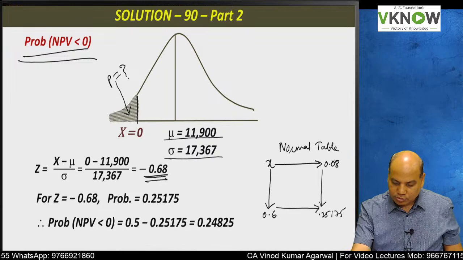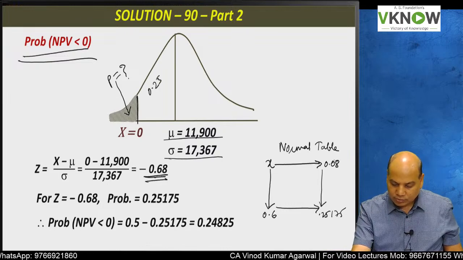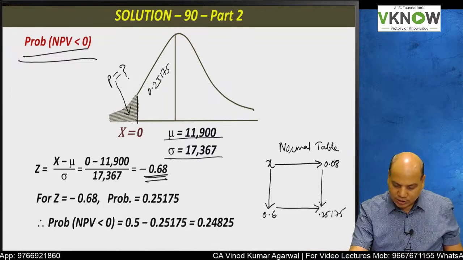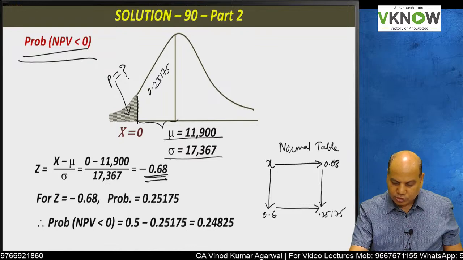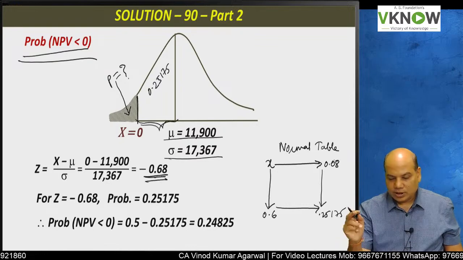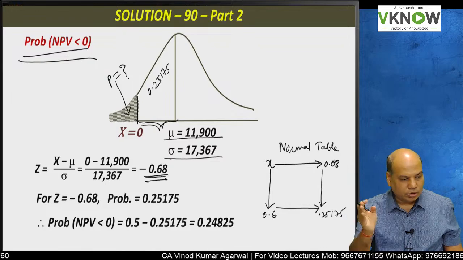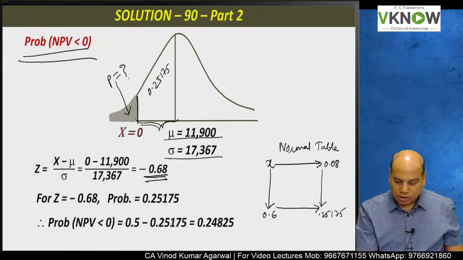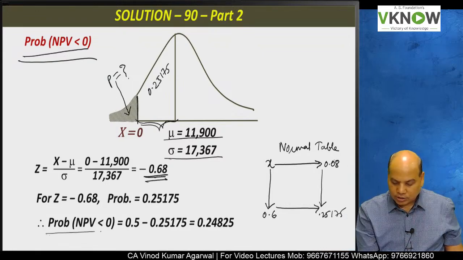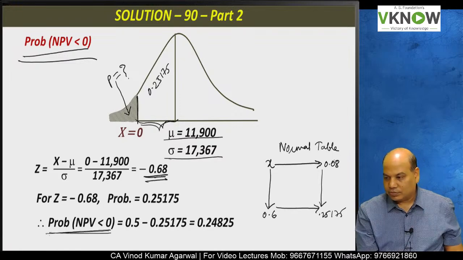The probability you have got is the probability of this area between 0 to mu. The table gives you probability between 0 to mu. Now I am asking you less than 0.